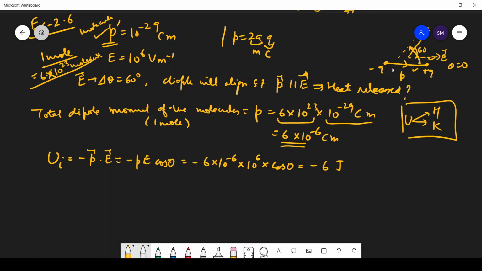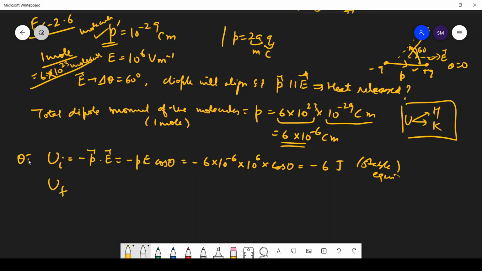Of course it was negative, minus PE, stable equilibrium. When they were aligned, the angle was 0. Now, the final potential energy.